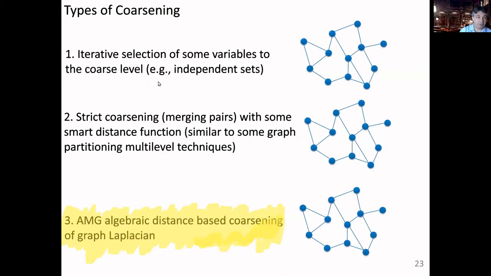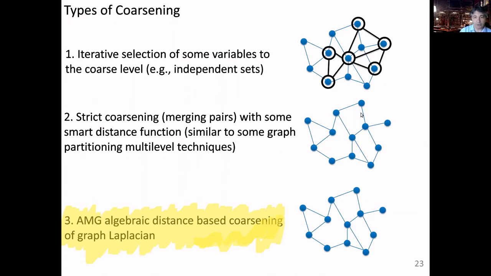The first, simplest type of operator, used in many different approaches, including hierarchical coarsening in various machine learning frameworks, is the iterative selection of some variables and passing them to the coarse level. So here we select some variables. We say that these variables will go to the coarse level, and the solution for the rest of them will be interpolated from this smaller problem here.